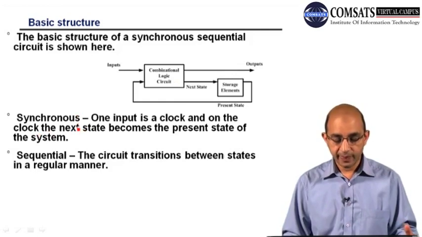Here you can see that we have the synchronous circuitry. One of the inputs is a clock, and on that clock you have to decide whether you are going to use the 3rd number with the resultant or not.